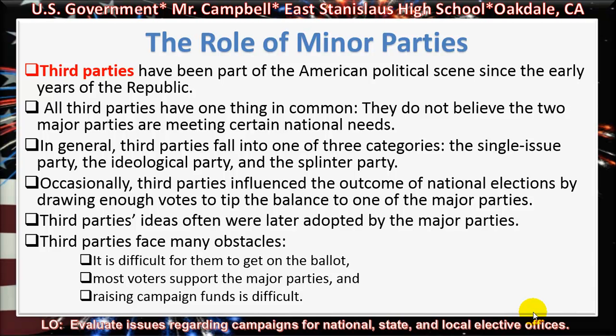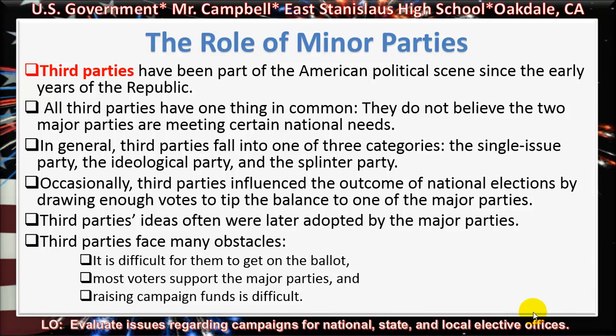And it's also difficult for them in terms of raising campaign funds. Once again, for largely the same reasons. They're not seen as electable. Major campaign contributors are not likely to donate a lot of money to a campaign that they think doesn't have a chance, and especially in terms of having influence.